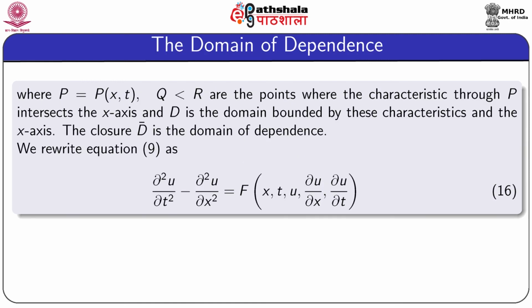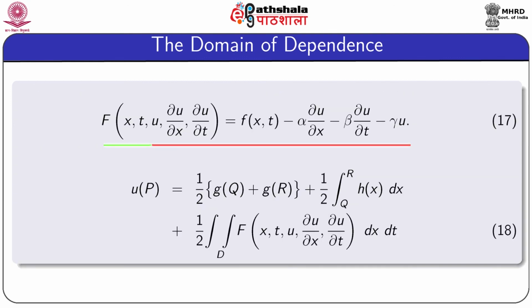So, we can write it in this form: del 2u del t square minus del 2u del x square equals some function capital F, which is a function of x, t, u, del u del x and del u del t. For equation 9, capital F is small f minus alpha del u del x minus beta del u del t minus gamma u. So, this is the expression for capital F for equation 1.